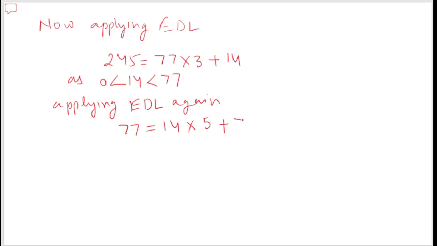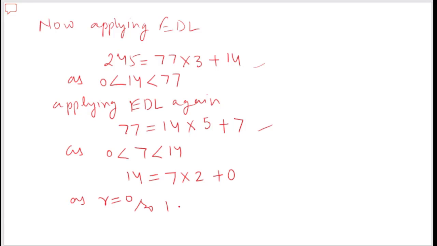This step we are copying from the continuous division method and just writing it here, as 0 is less than 7 less than 14. For the next step, 14 equals 7 into 2 plus 0. Now as r becomes 0, the required HCF equals 7.